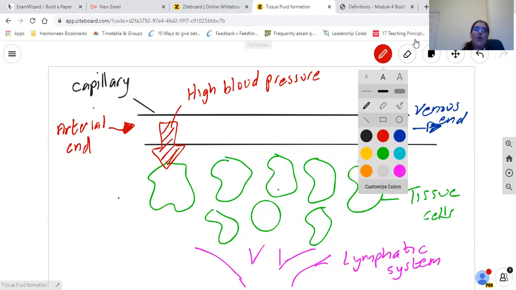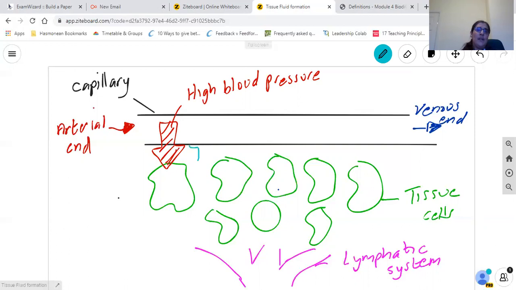There is also an oncotic pressure. Now, the reason for the oncotic pressure is that there are lots of proteins inside the blood, like albumin, which lower the water potential, which means that water does have a desire to go back into the blood.